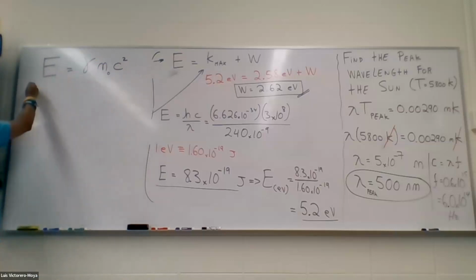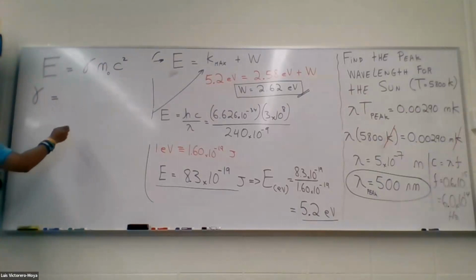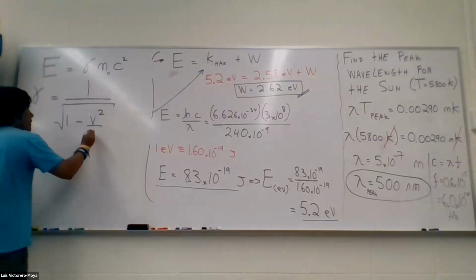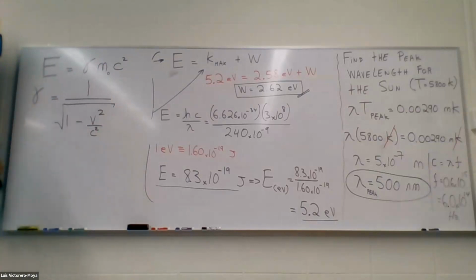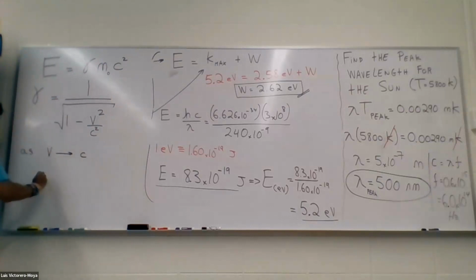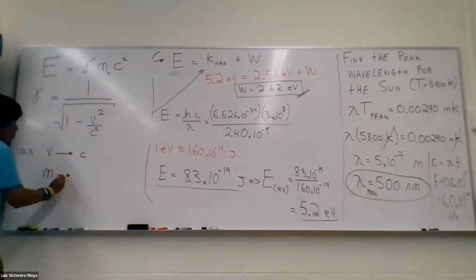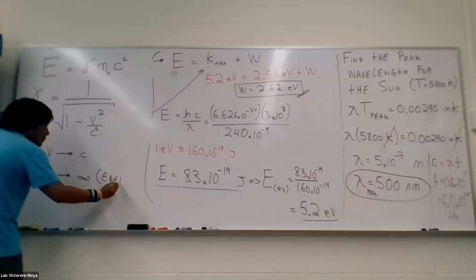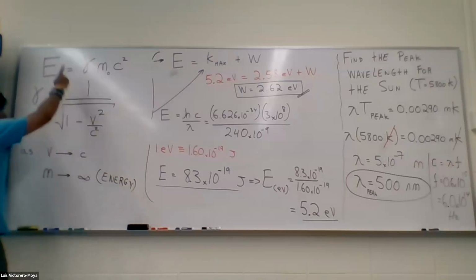Now, what's this gamma? I want to show you this now because tomorrow you're going to see this a lot. It's the Lorentz factor. This nice factor here. Basically, the relativistic considerations of energy, right? You probably have heard that as the speed of an object approaches the speed of light, mass will approach infinity, basically energy. This comes from this.